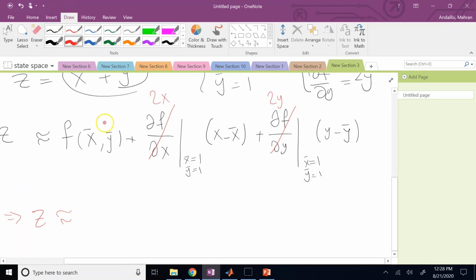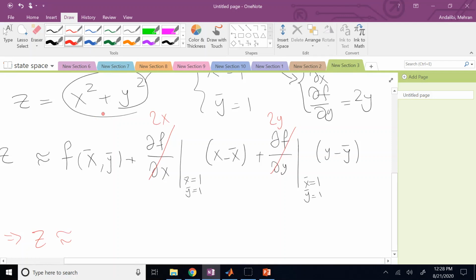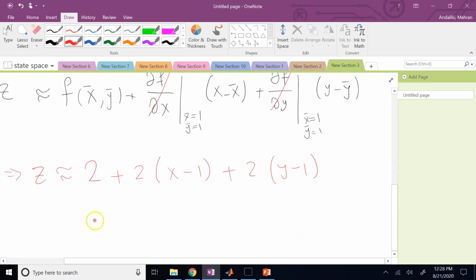If I calculate the function at 1 and 1, clearly it gives you 2. And then 2x at x equal 1, so that is going to be 2 times x minus 1, plus 2 times y minus 1. And if you simplify it, it is going to be what? 2x plus 2y minus 2.